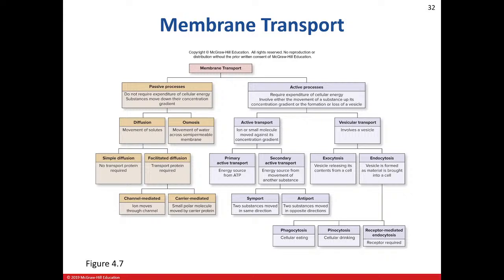All right. And so in diffusion, there is simple and facilitated diffusion. Some things can get through the plasma membrane without help, and some things cannot. All right, so remember there's that hydrophobic zone in the center of the plasma membrane where the tails are. Water can't get in, other charged molecules can't get in, and then of course large molecules can't get in.